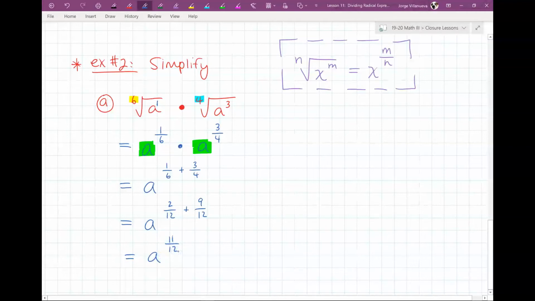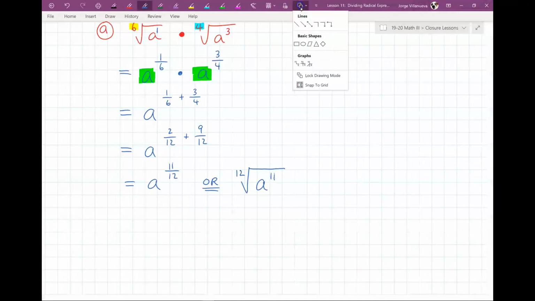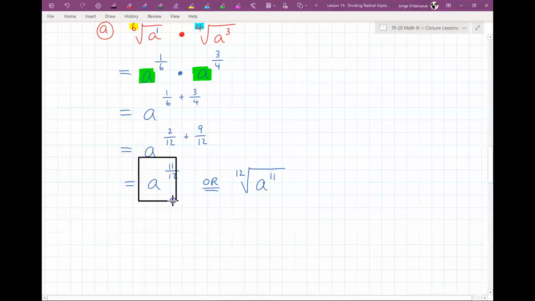Now, I'm not sure if on ALEKS they'll let you use that as an answer, but if they don't, they might want you to write it as a radical. So the 12 is the index. So 12th root of a to the 11th. Okay, so it's going to be any one of those as your solution.